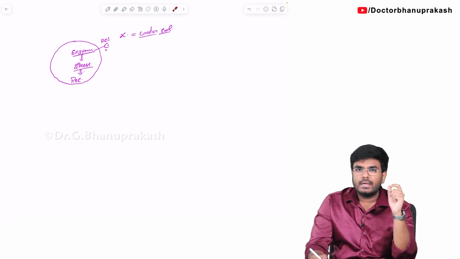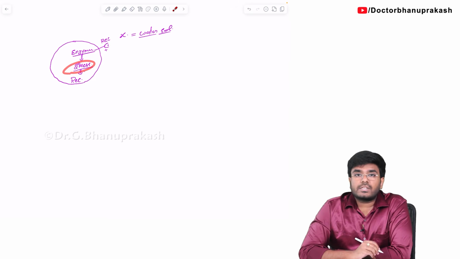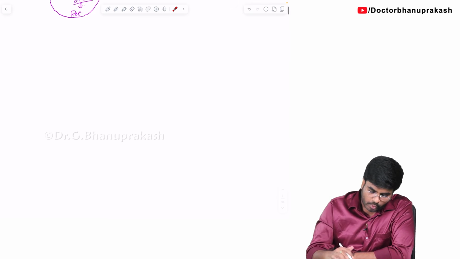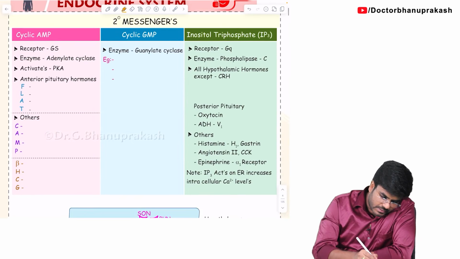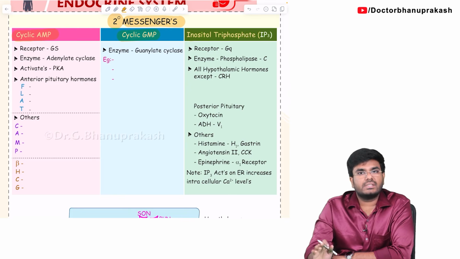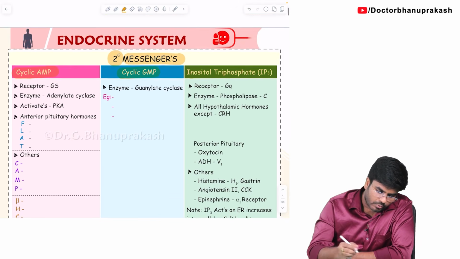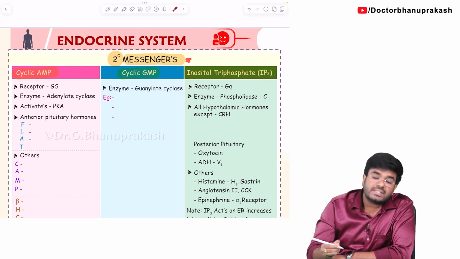Now keeping this in mind, how many types of secondary messengers are there, sir? There are actually three types, the main important ones: cyclic AMP, cyclic GMP and inositol triphosphate. These are the three secondary messengers. Now the recent exam question was, what is the function of the secondary messenger?